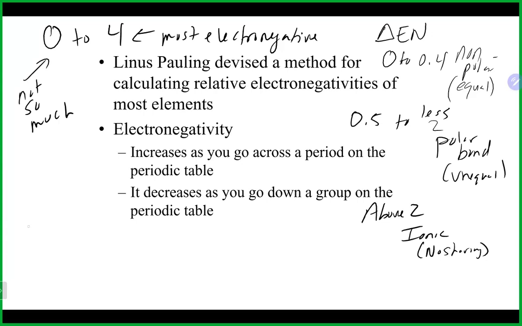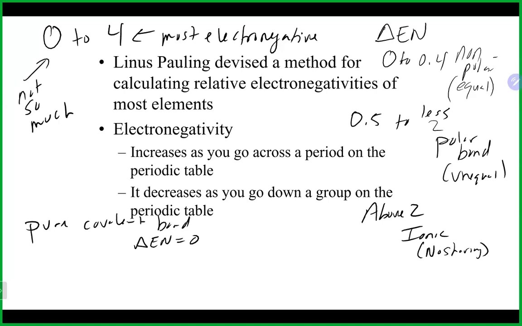I talked about a pure covalent bond a second ago, and how you get a pure covalent bond is a lot of times your difference in electronegativity is 0. That's like perfect equal sharing. As you can see, you could go upwards of 0.4 and still be considered equal sharing of electrons. In reality, if you were around 0.4, is it perfectly equal sharing of electrons? It is not, right?